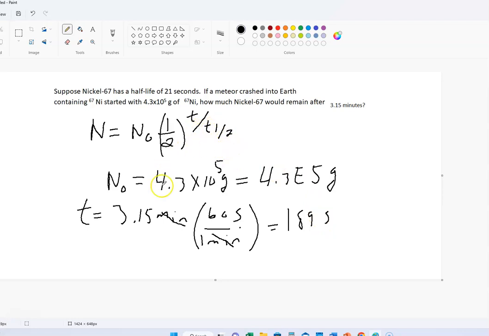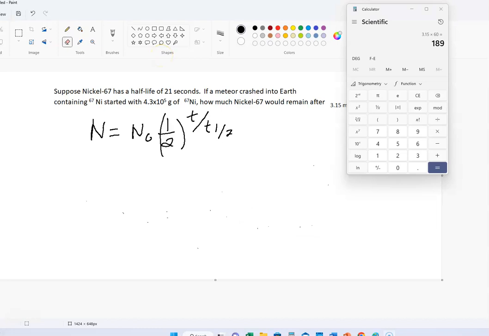All right, I'm going to get a little bit of room here so that we can complete this problem. Keep in mind this is really the only calculation we've done so far: the amount of time that has gone by is 189 seconds. We're going to find that that's important. Let's write this out.